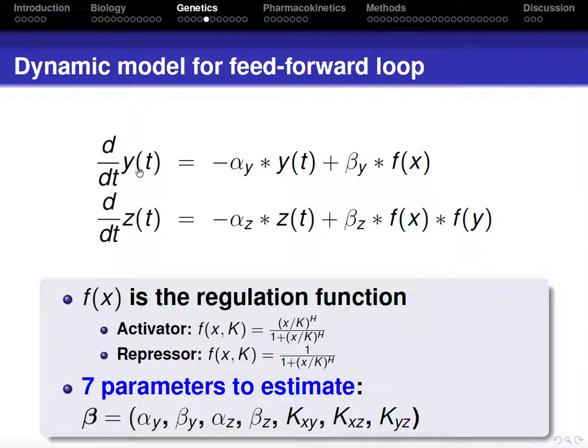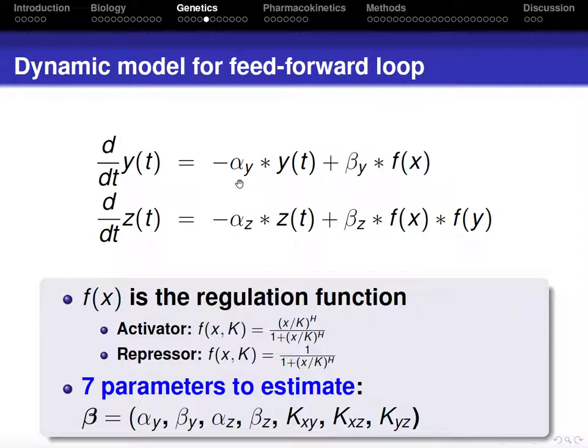The rate of change of the expression of Y is negatively correlated with the expression of Y itself. This is common in biology: when genes do self-regulation, they depress their own expression because expression costs energy, right? So they have a negative correlation.